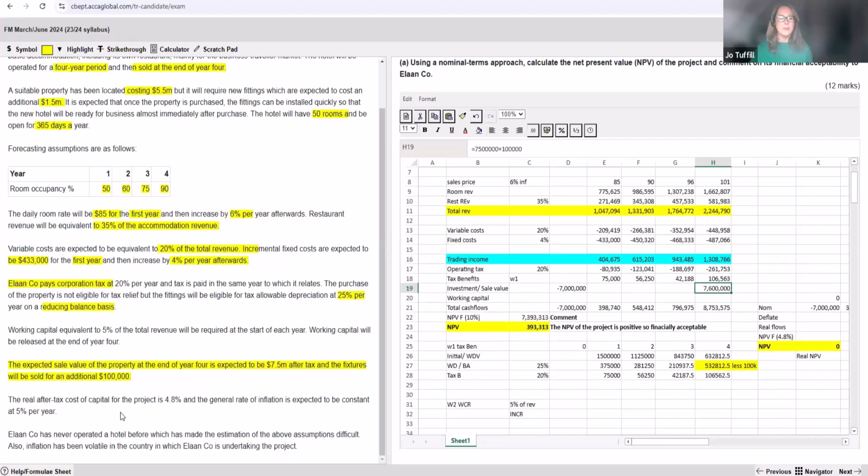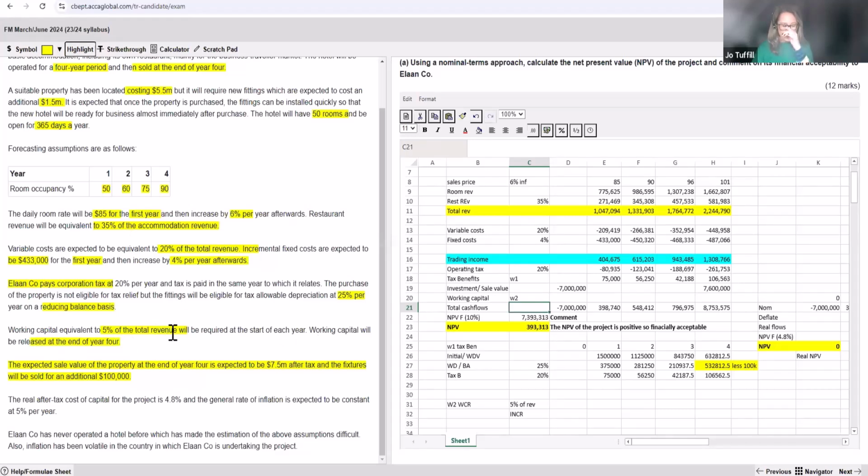And then we've got this awful working capital, which nobody likes. So let's show you how to do working capital. Working capital is working 2. And it says working capital equivalent to 5% of total revenue is required at the start of each year, and it will be released at the end of year 4.